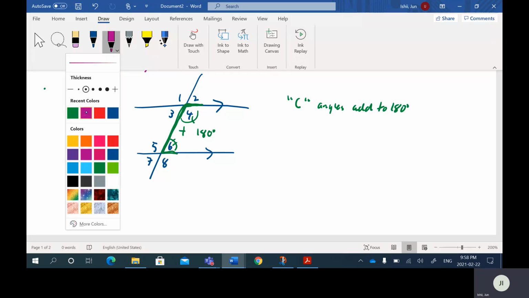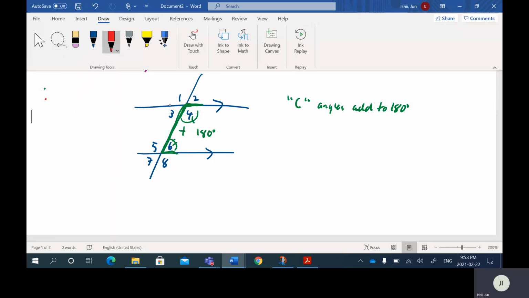All right, and this letter C can also be backwards. So angle 3 plus angle 5, if I add those together, that's also going to be 180 degrees. All right, so again, if I list these off, angle 3 plus angle 5 is equal to 180. And angle 4 plus angle 6 is also equal to 180.